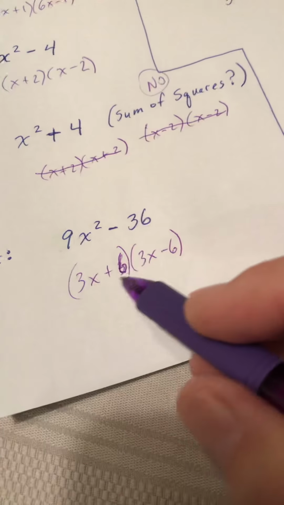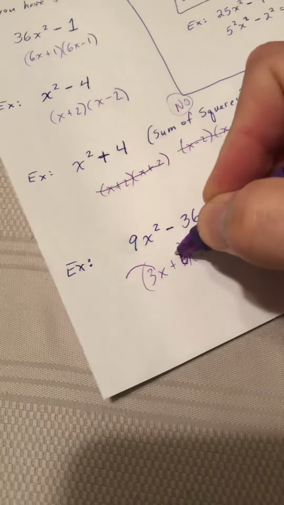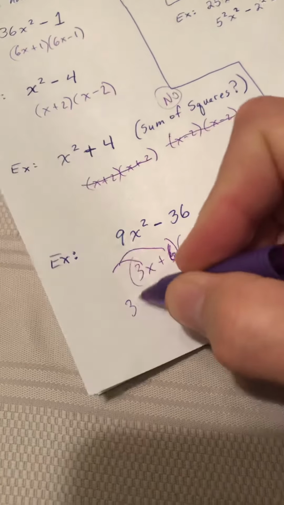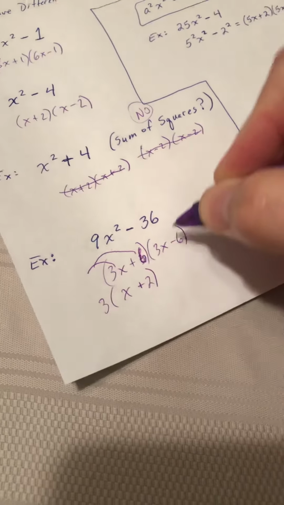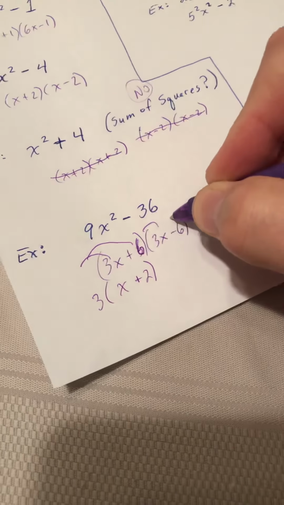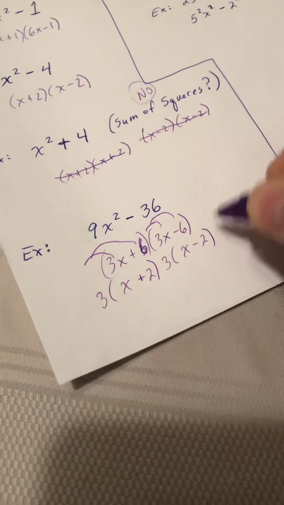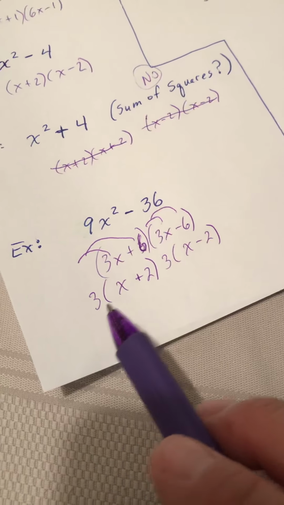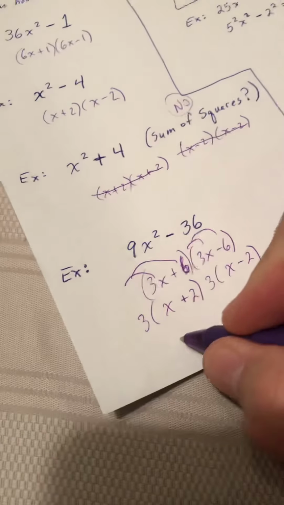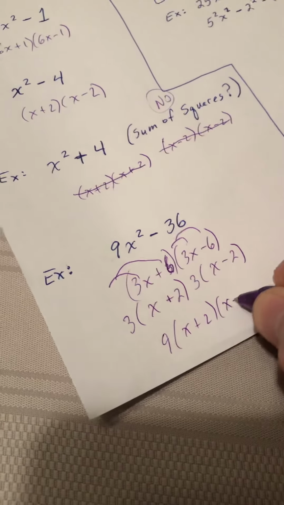Look at this. I have a 3 and a 6. I can still factor out a 3. That 3 comes out. I'm left with x minus 2 and x plus 2. Here I have a 3 and a 6. I can still factor out a 3, leaving x minus 2. Now, in multiplication, you can multiply in any order. This is just 3 times 3. That's 9. 9 times x plus 2, x minus 2.